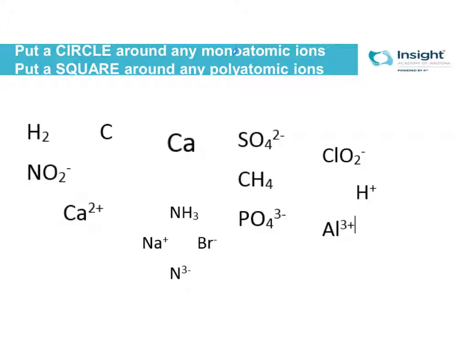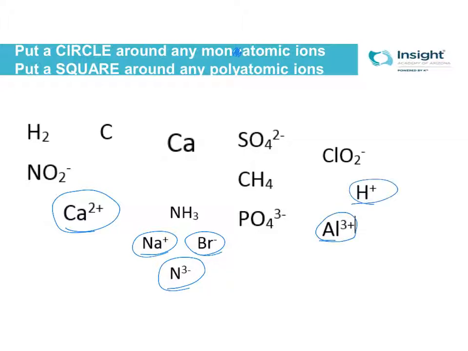I really need to go through and correct my spelling in here. Monatomic is going to have just one atom. So I'm going to circle. There's one atom. One atom. One. I know it's kind of hard to tell, but this is supposed to be aluminum, so that's one. Hydrogen's definitely one.